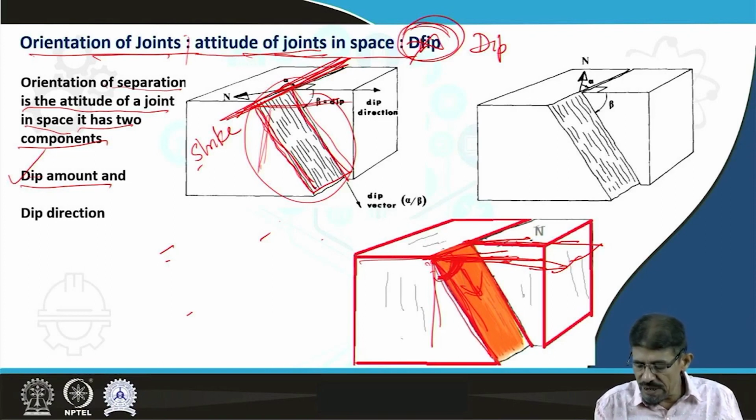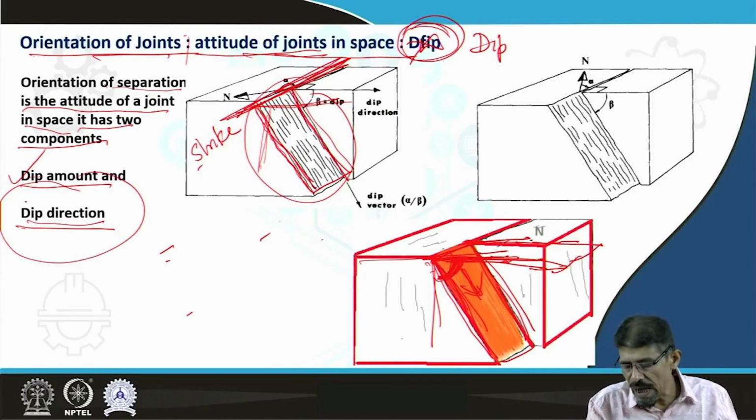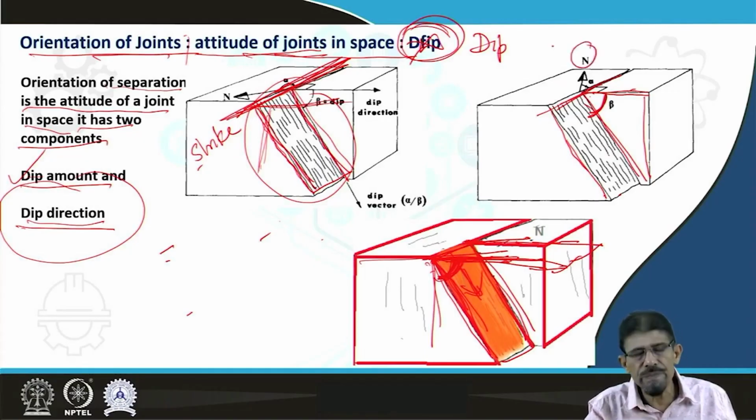And the direction in which this plane or surface is dipping is recognized as dip direction, and generally the dip direction we measure from north. In this way we have shown it in a different way to explain. Here you can see this plane, if we extend it, and this plane is running containing this interface, we measure this amount, and in which direction, we measure from north.